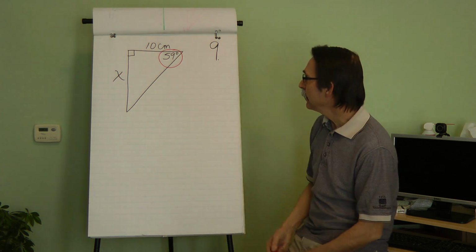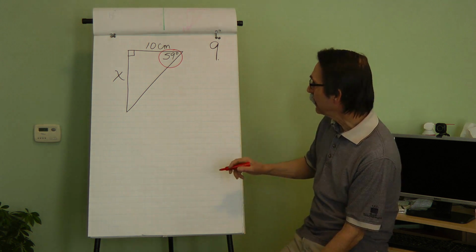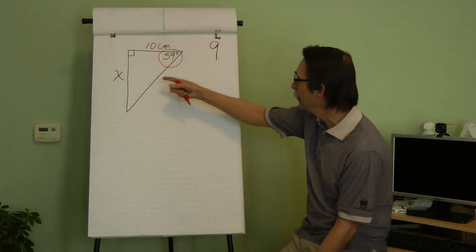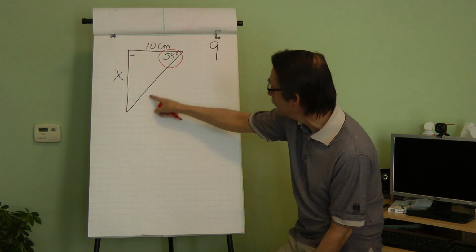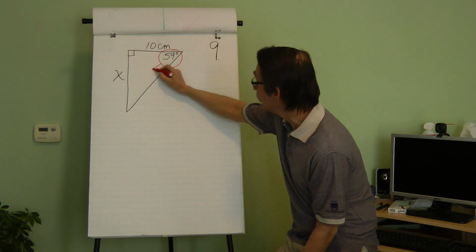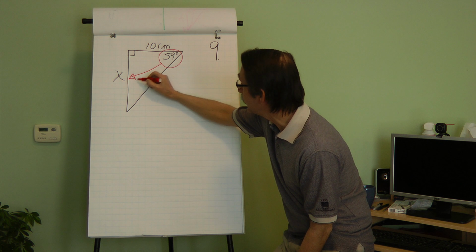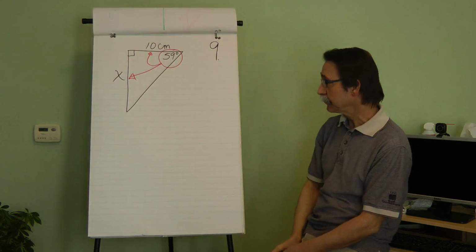So 59 degrees. I'm going to name the other 2 sides. Okay, what 2 sides are we talking about? The ones with labels, either this one or that one. This one over here, this hypotenuse, we're not interested. So we're only looking at the 2 sides that are in the question. So like that.